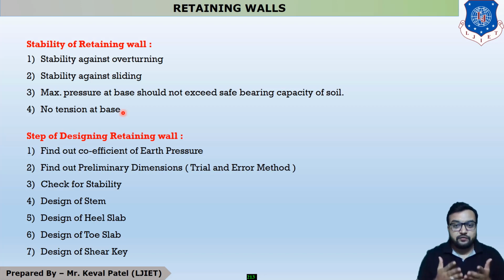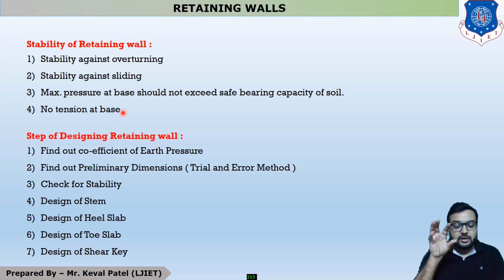So what is the equation of stability against overturning? The equation is restoring moment divided by overturning moment, or it is also called clockwise moment divided by anti-clockwise moment, in this cantilever example, which is covered in the next lecture. I repeat, what is the equation?